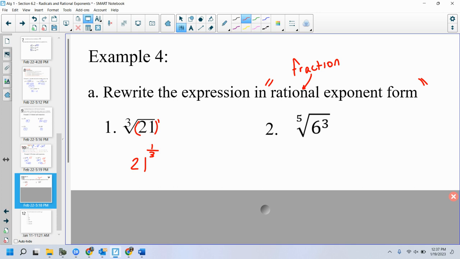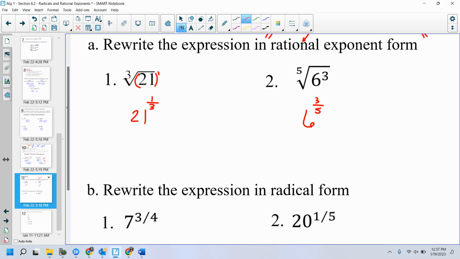Okay, 6 to the what? 6 to the 3/5. You see how that works? The exponent is on the top. The index, the root, is on the bottom.